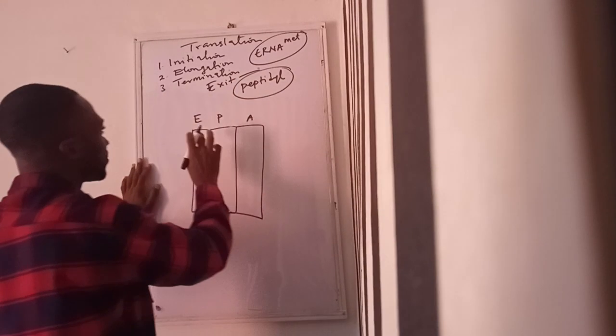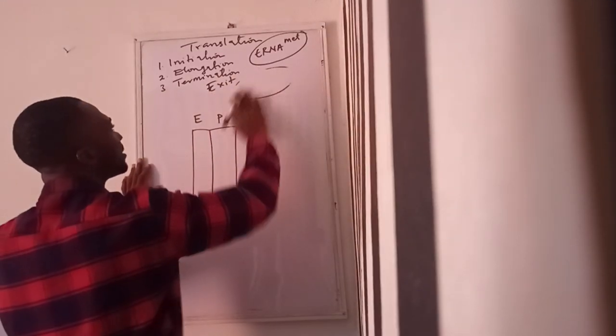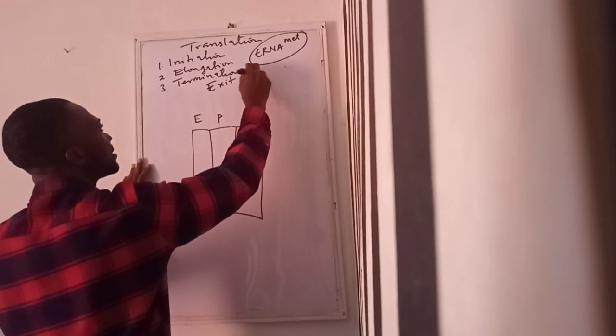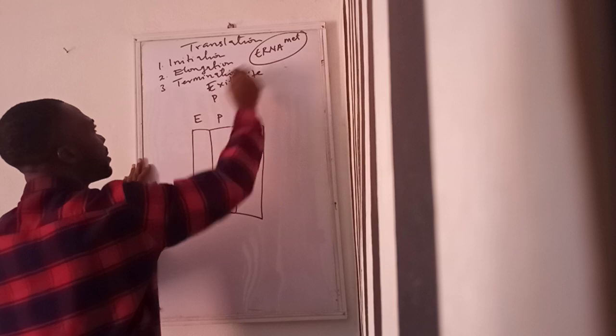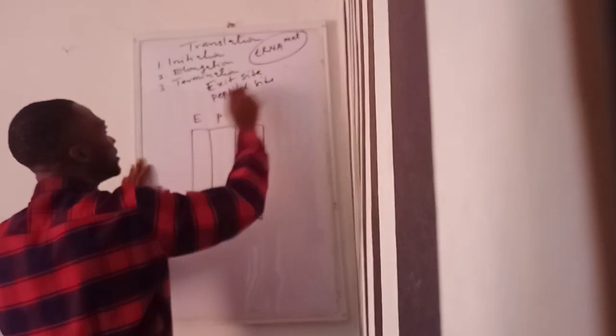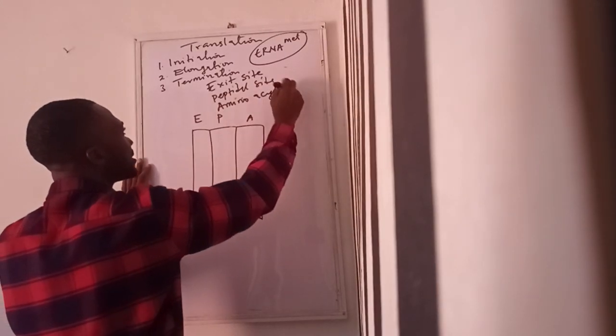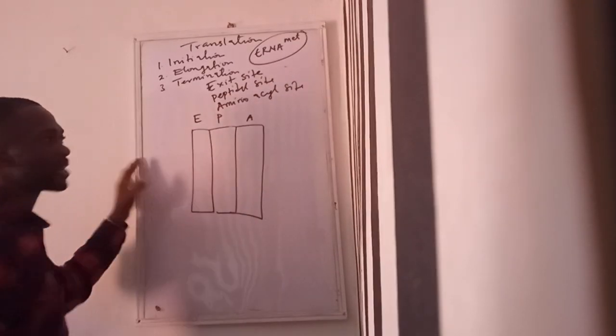So these are called sites. We have exit site, peptidyl site, then we have amino acid site. So these are the different sites.